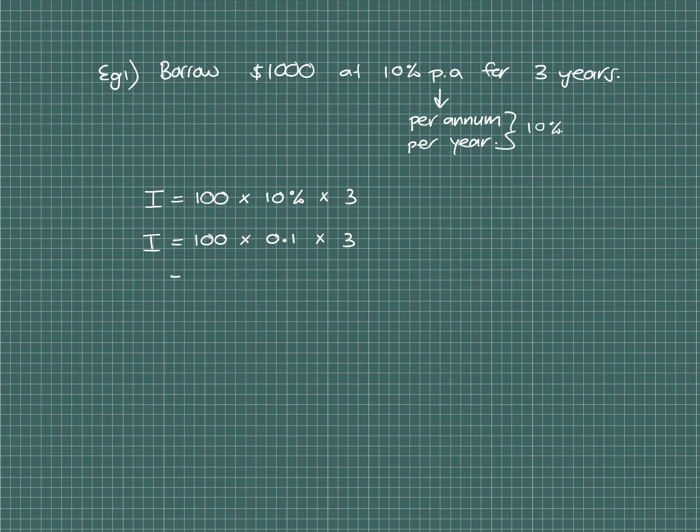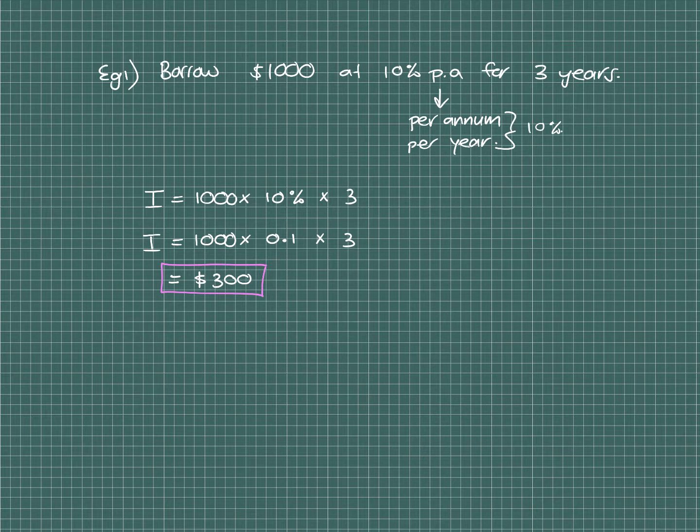If we do that, it should be $1,000, shouldn't it? So we're doing 10% of $1,000, that's $100, times 3 years, we end up making $300. Now we can do that without a calculator, or with, it doesn't really matter. Just typing in 1,000 times 0.1 times 3. So over the course of the 3 years, I'm paying an extra $300.